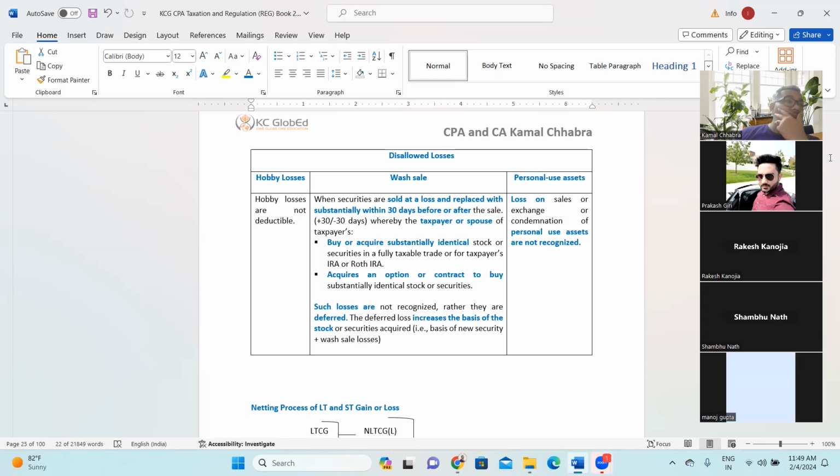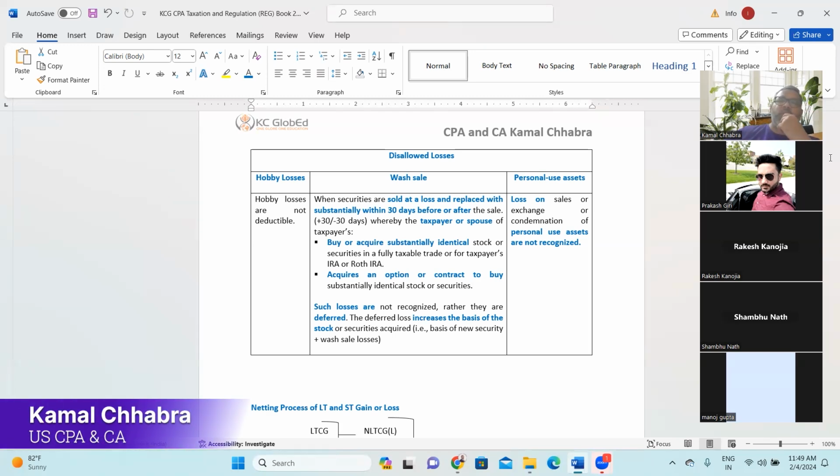And immediately after that, sometimes it happens that within maybe 10 days, 15 days, or 20 days of your purchase, Tesla declares a dividend. Let's assume they declare a dividend of 30% on each stock, right? So on the $100 stock which you have purchased, you have received a $30 dividend within 15 or 20 days.